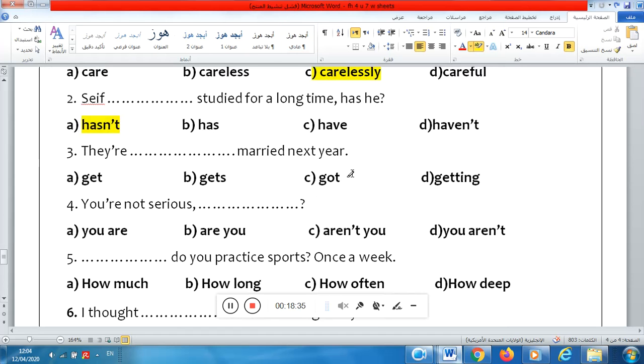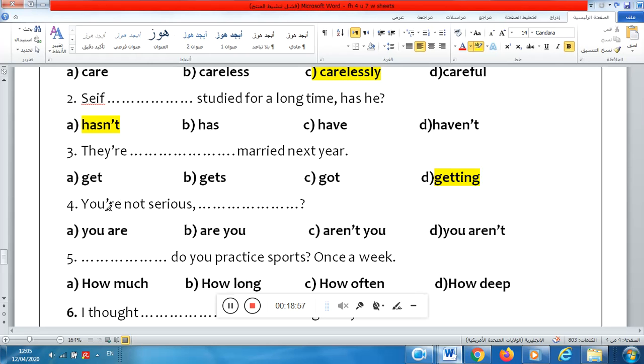They are blank married next year. They are, of course, getting married. We use the present continuous to express future arranged events. You're not serious, blank. We need a question tag.